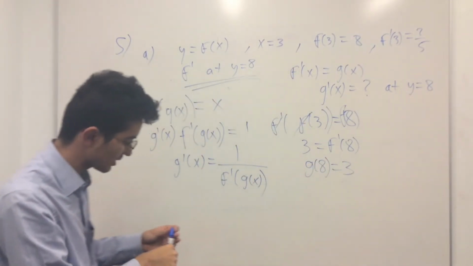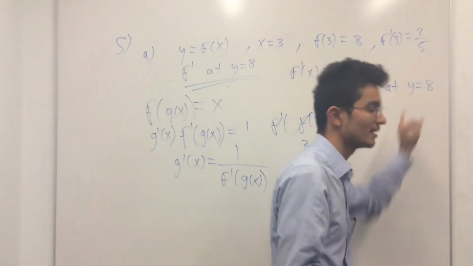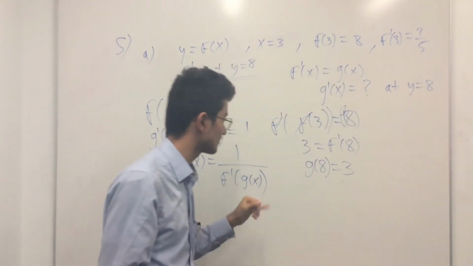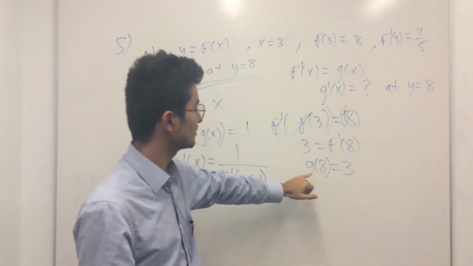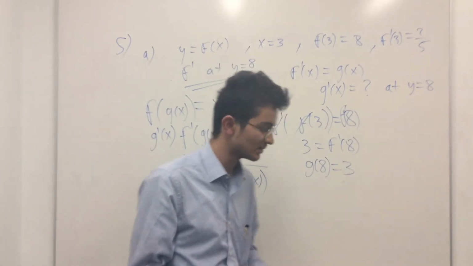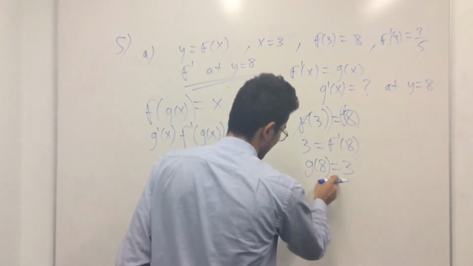So we can use that in order to find g prime at y equals 8, which in fact means that x equals 3, because at 8, we know that g of 8 is 3.